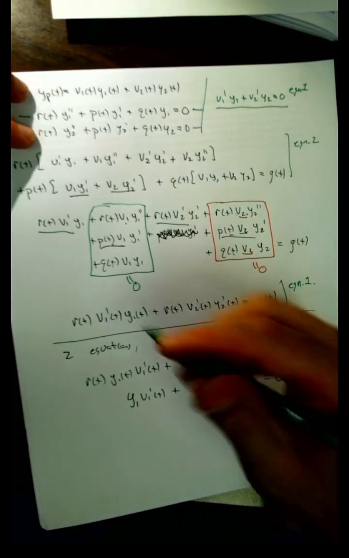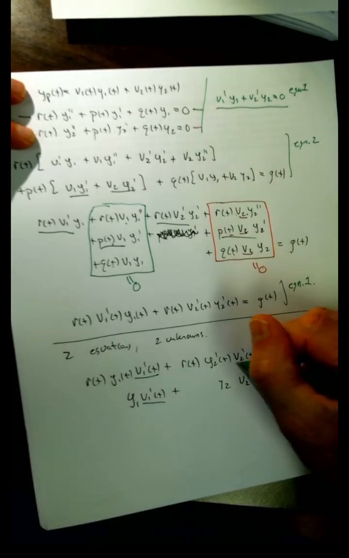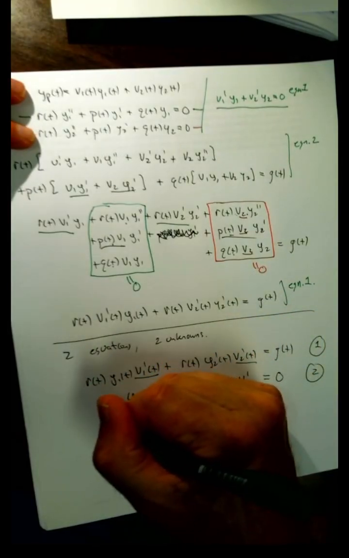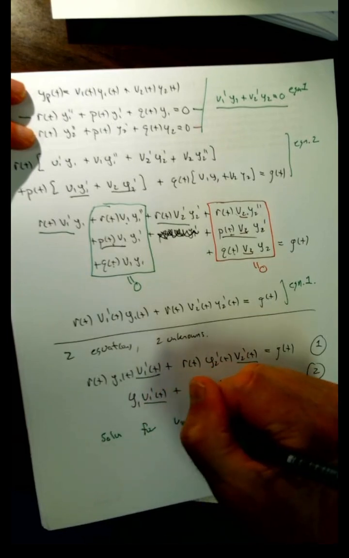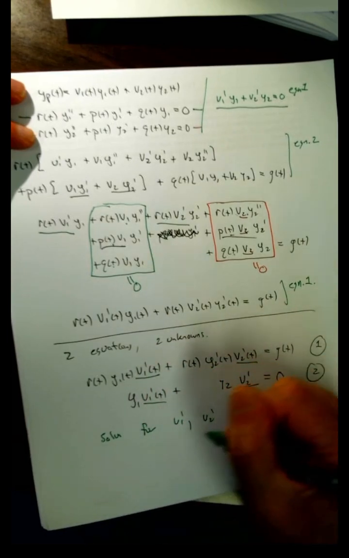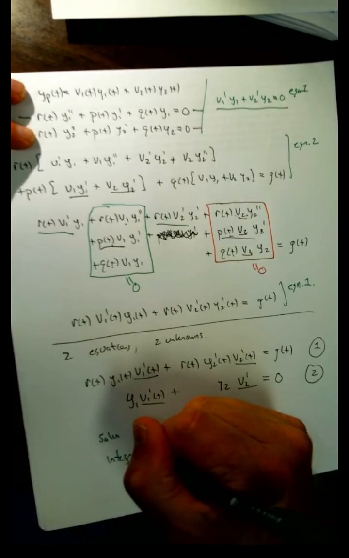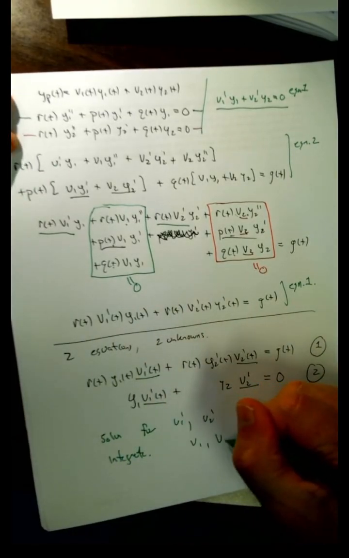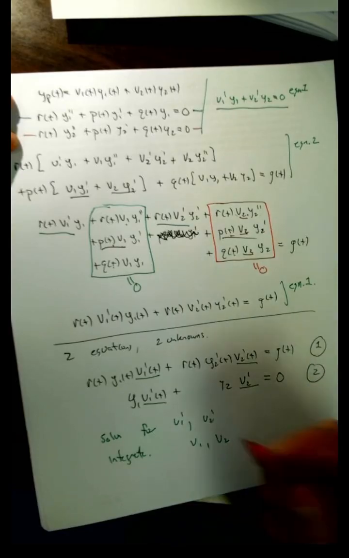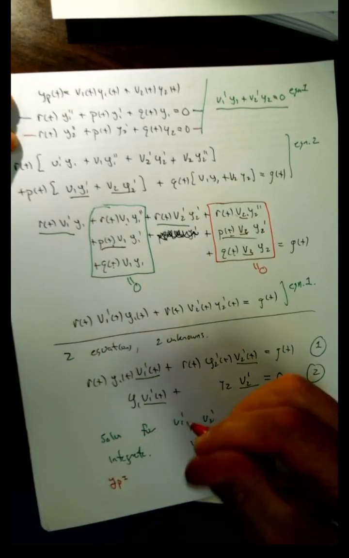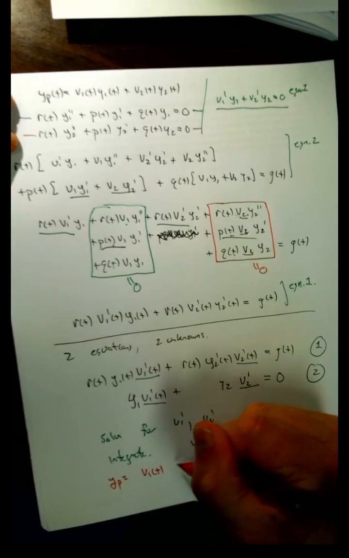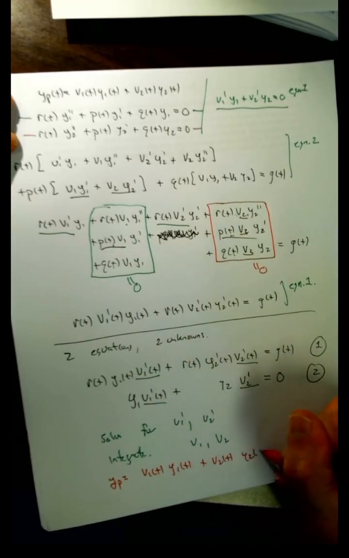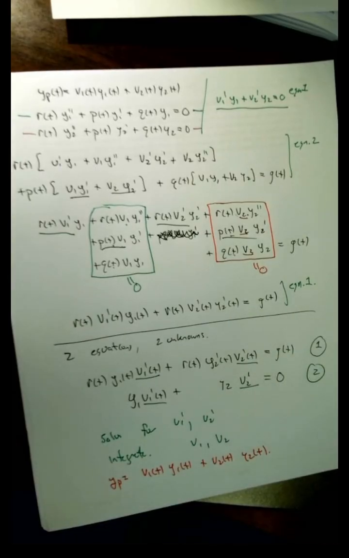My two unknowns are v1 prime and v2 prime. So I can now solve for v1 prime and v2 prime, and once I do that, I integrate to get v1 and v2, and then when all that is done, my particular solution is going to be equal to v1 times y1 plus v2 times y2.